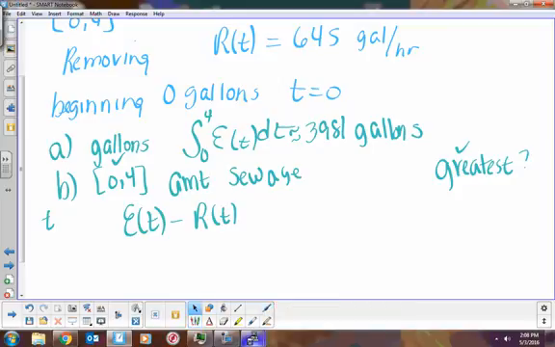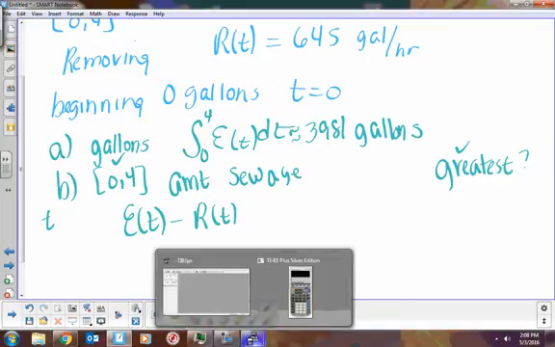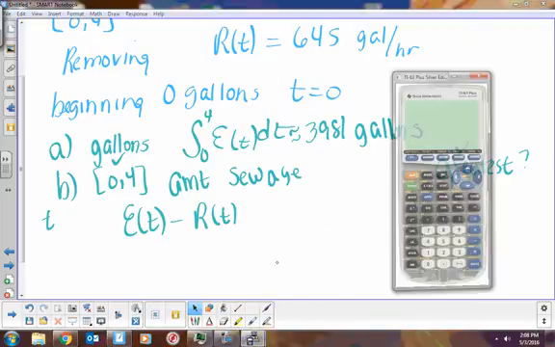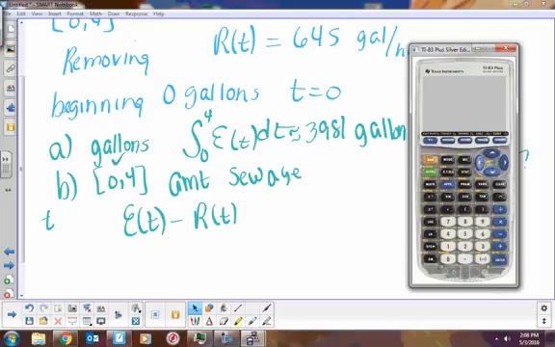And this time, did I already graph this from 0 to 4? Oh, good, thank you. So that's E of t, right? And then this is going to be minus 645.